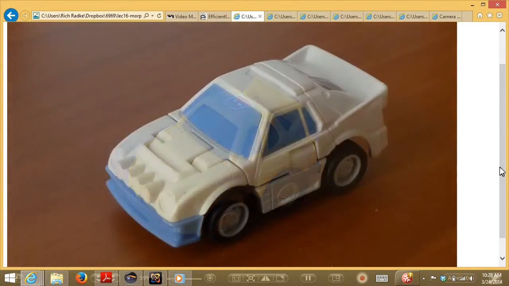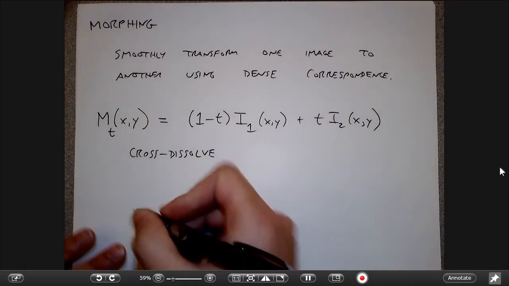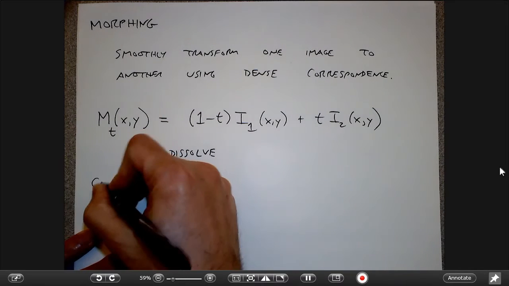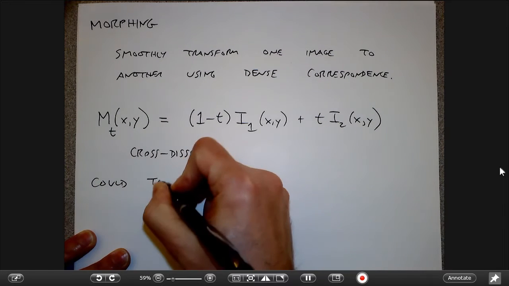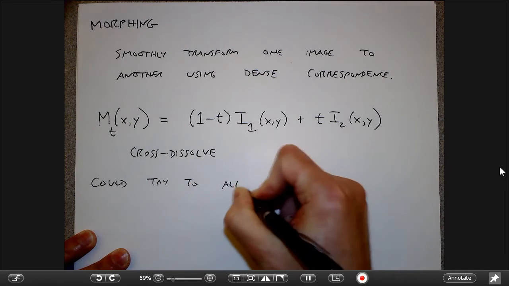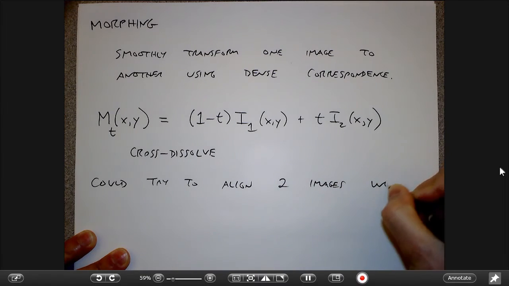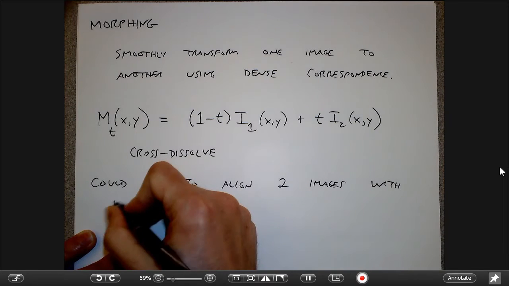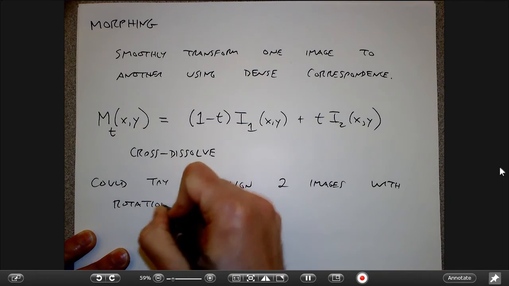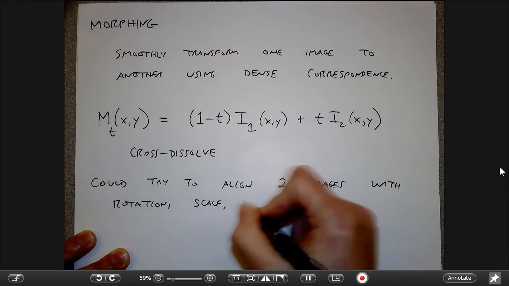And so what I could do is something like, I could try to align the two images with basically a rotation, a scale, and a translation.